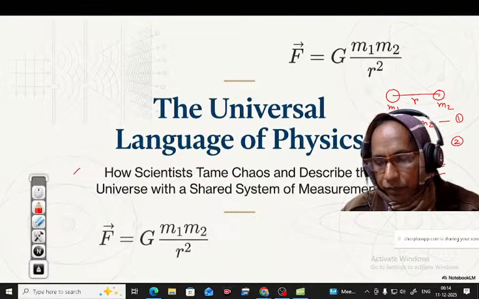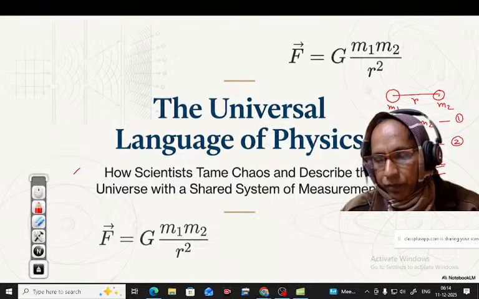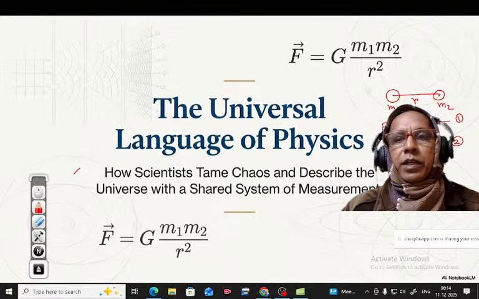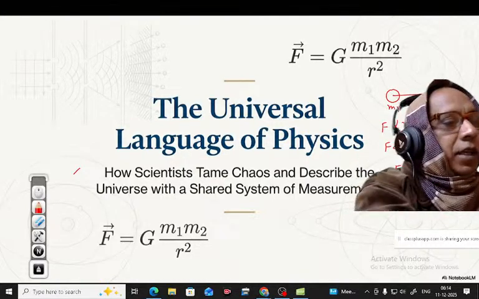Combining these, we get F proportional to m1 m2 by r square.